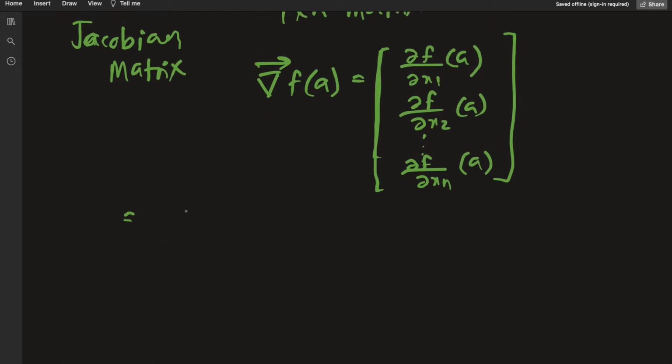But if you want to say partial x1 f at a, times e sub x1, for example, that's the unit basis vector in that direction.